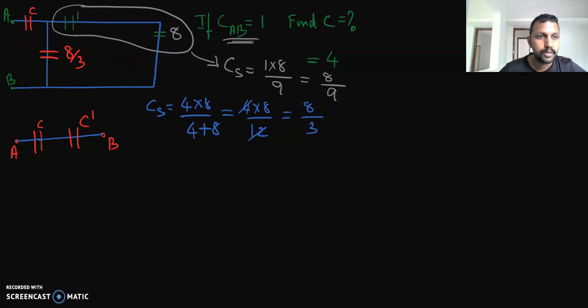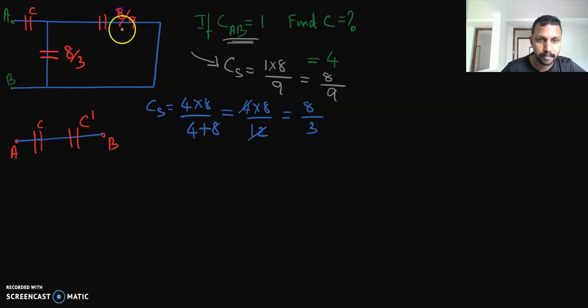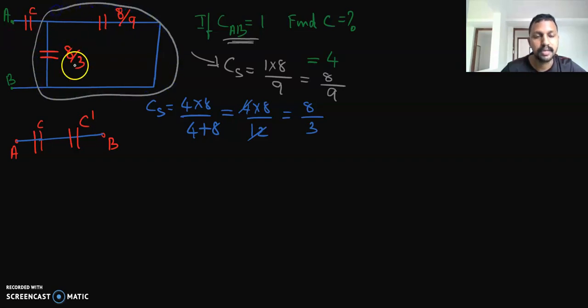Then I can delete these two capacitors and draw a capacitor which is 8 by 9. Clear? Then finally you can see these two, the 8 by 3 capacitor and the 8 by 9 capacitor, are in parallel.